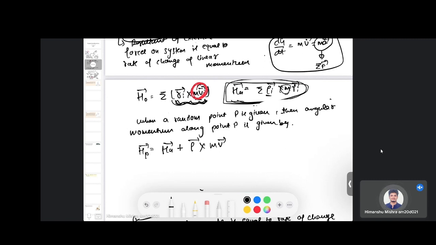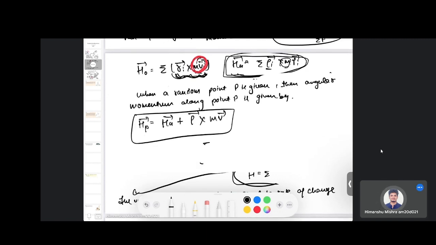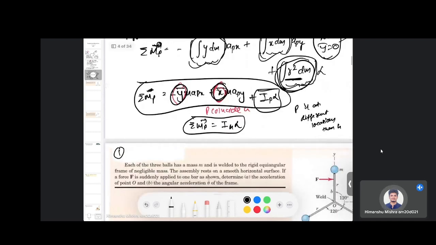So this will be my expression for the angular momentum at some random point P. And similarly, my moment at point P will be the moment at point G plus rho cross the summation of force. So this will be my moment. So I can deduce the expression of moment from the angular momentum, because we have seen that both are related.